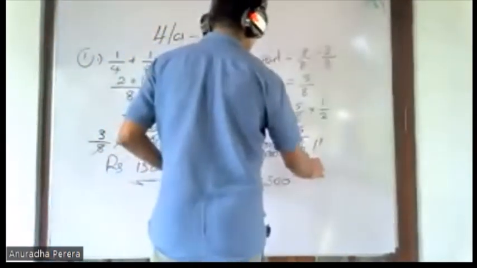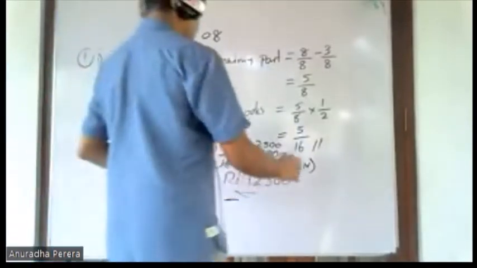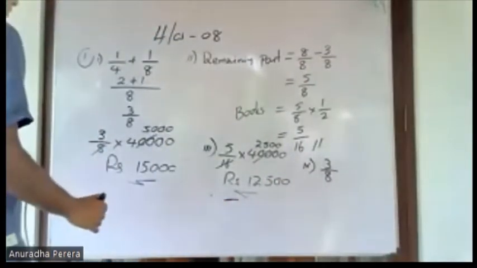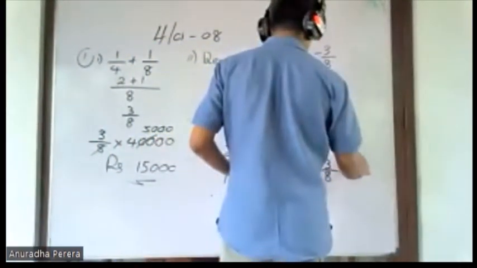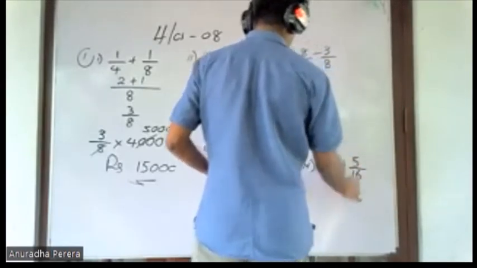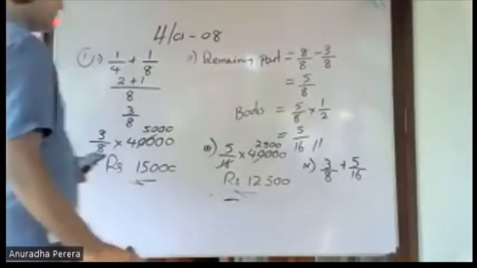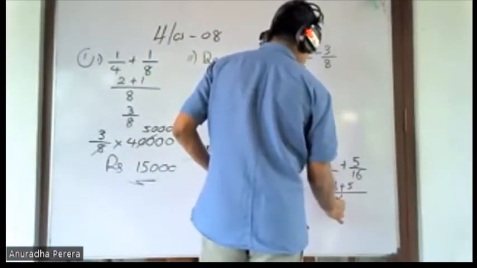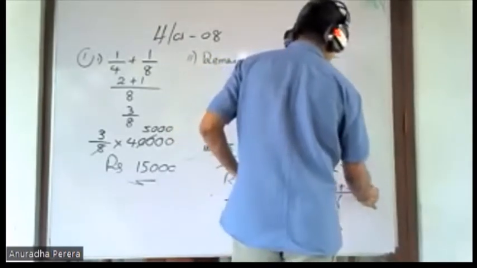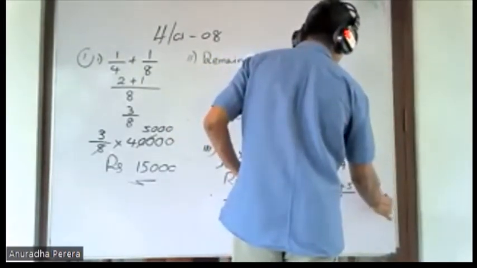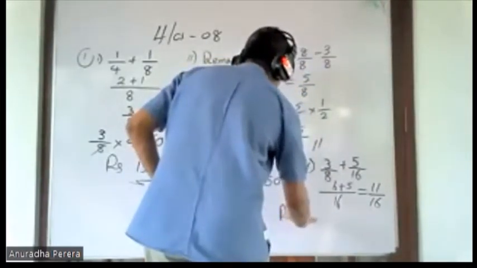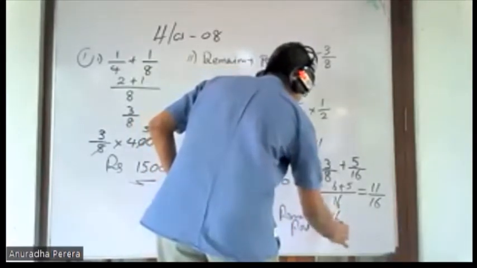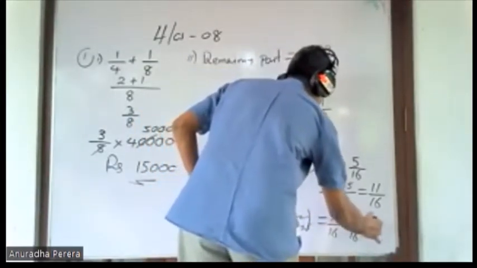Right? Three over 8, 5/16. 6 plus 5, the total is 11/16. Remaining part: 16/16 minus 11/16 is 5/16.